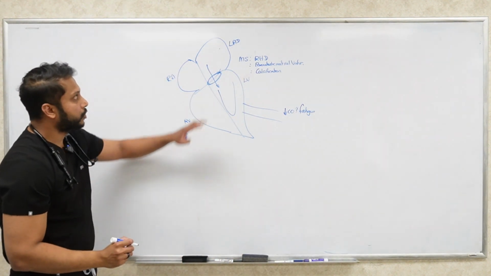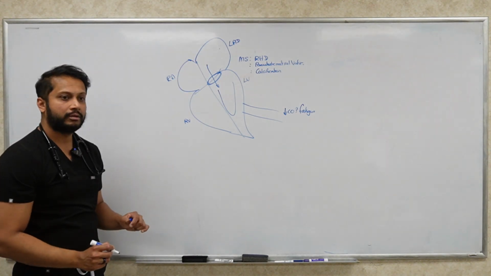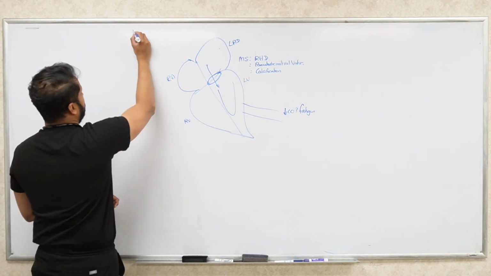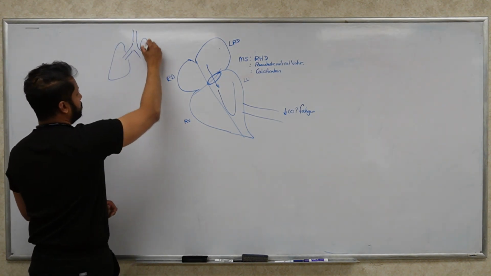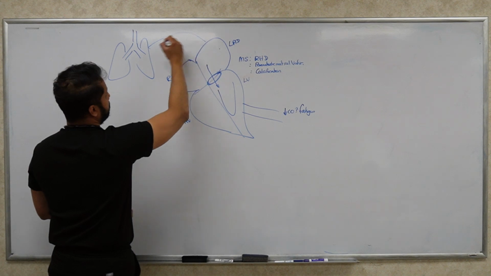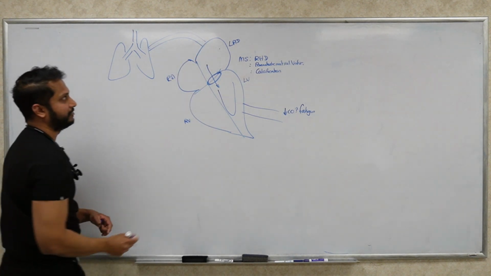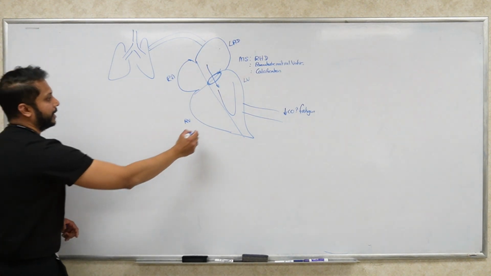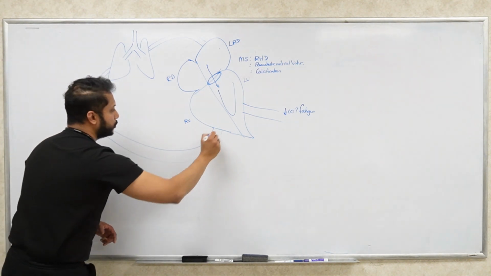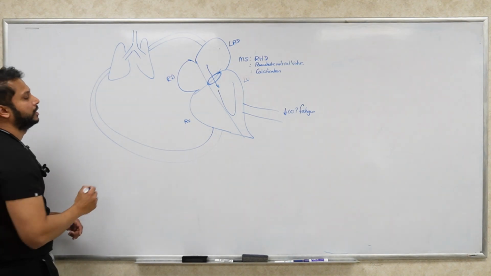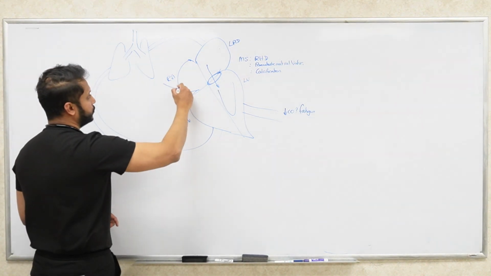And apart from that, you're going to have a left atrial dilation. Now, if I draw, this is your lungs, right? The lungs bring blood back to your left atrium via pulmonary veins. And this is your right ventricle that supplies blood to your lungs, and this is your IVC and superior vena cava.